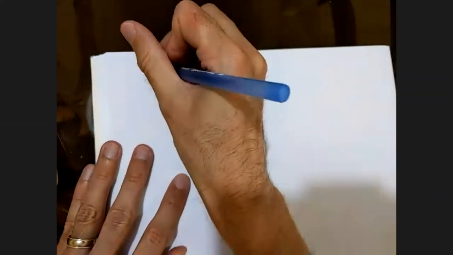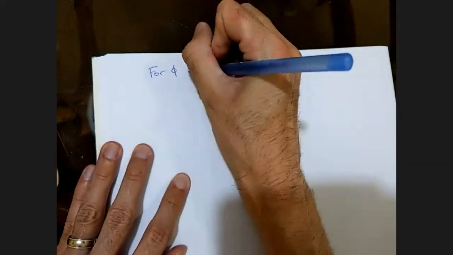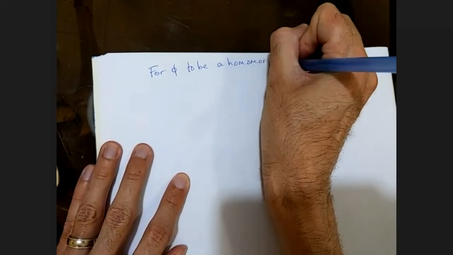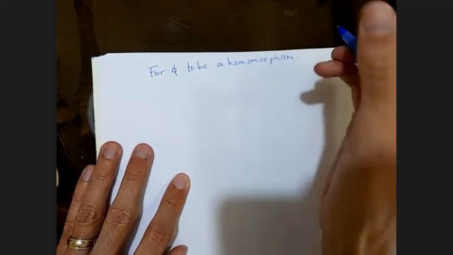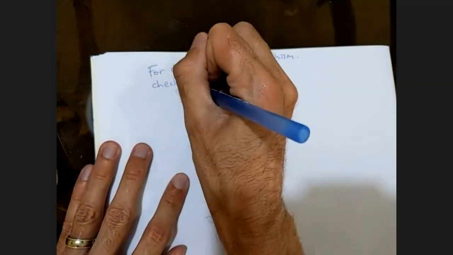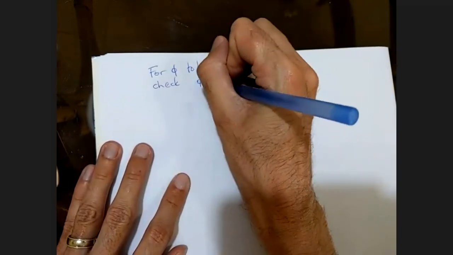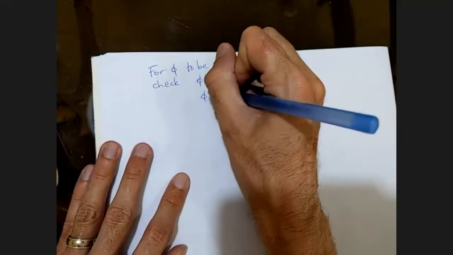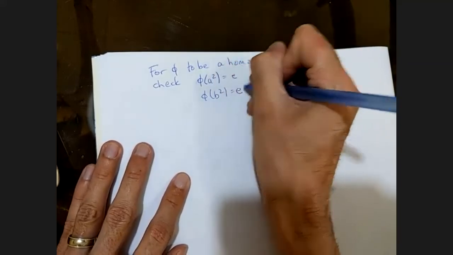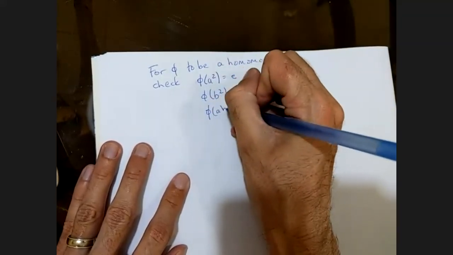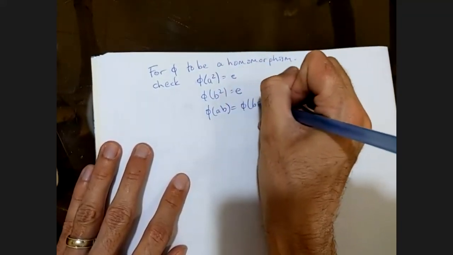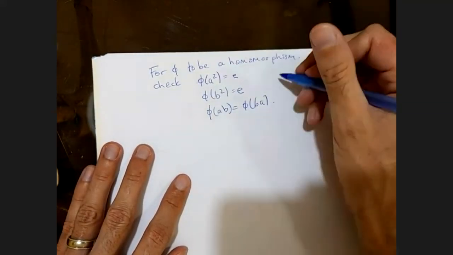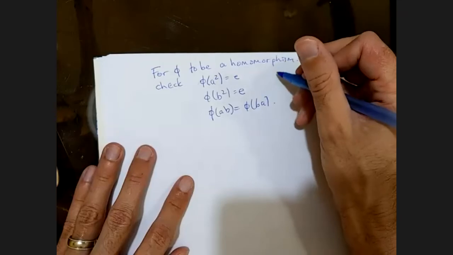So for phi to be a homomorphism, we need to check phi of A squared equals the identity, phi of B squared equals the identity, phi of AB equals phi of BA. If all these things are true, then phi will be a homomorphism.